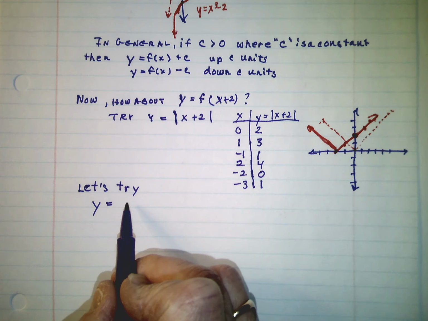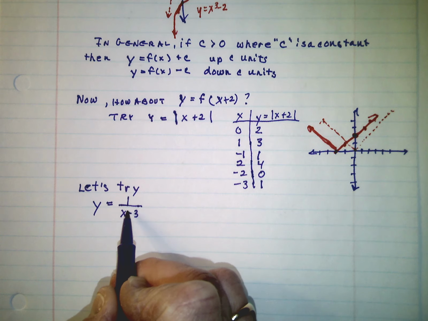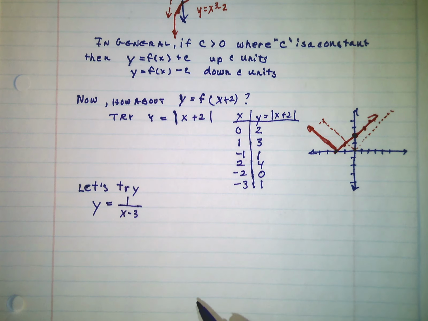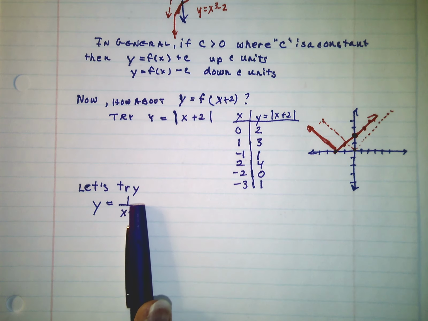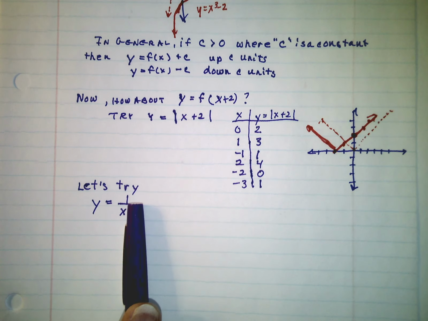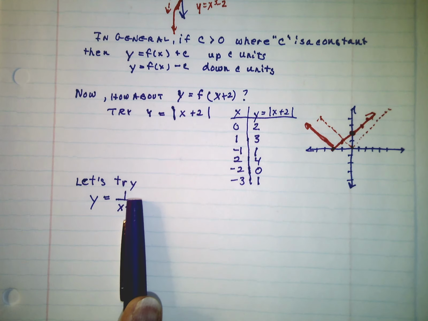Let's try y equals 1 over x minus 3. Now, if we left off the minus 3, I'm hoping you'll recognize that that's the reciprocal graph and that you'll remember its basic shape.